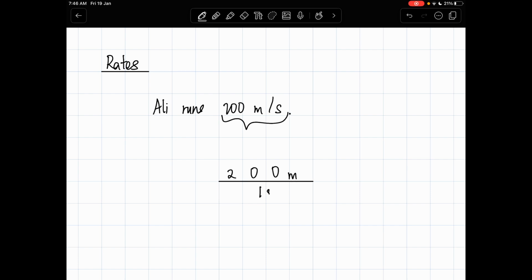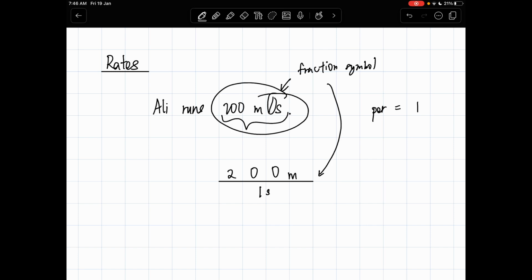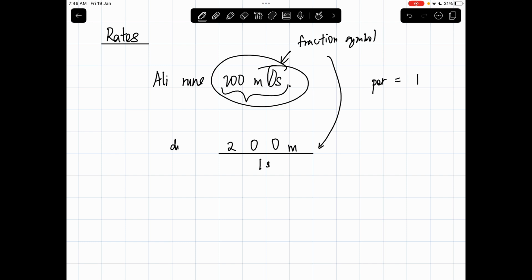in 1 second. So for those who are wondering, this actually refers to the fraction symbol that you see right about here. And the word per actually means 1. So this entire term, 200 meters per second, is a combination of distance and time.